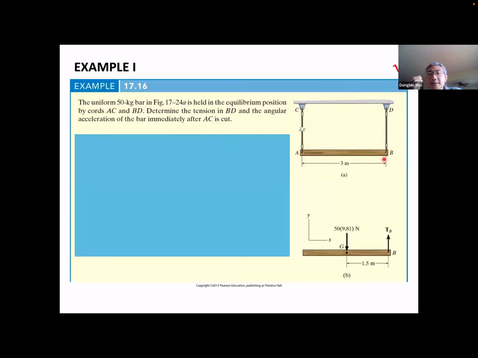We focus on this instant. To solve this problem, after defining it, we will need to present the free body diagram and kinetic diagram. Now let's see how to draw these diagrams.